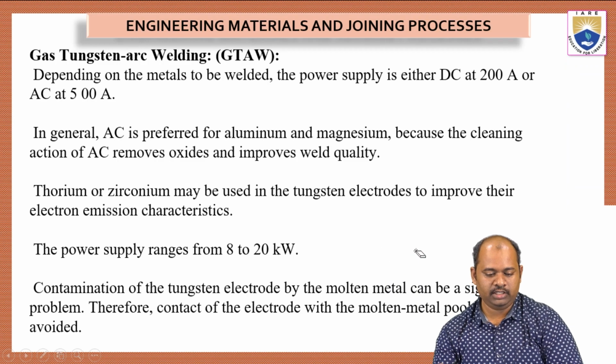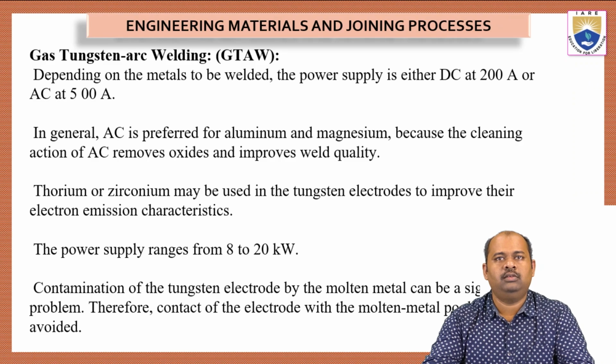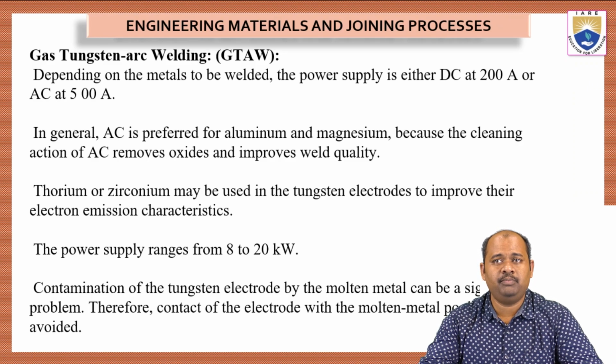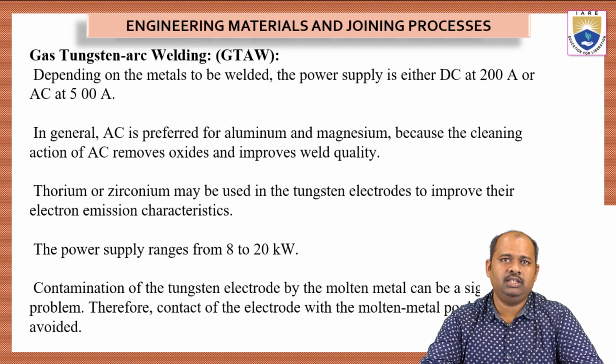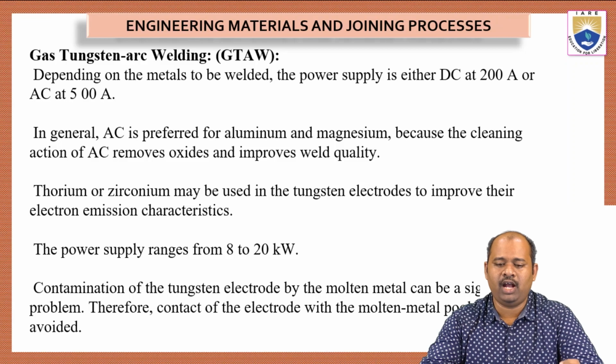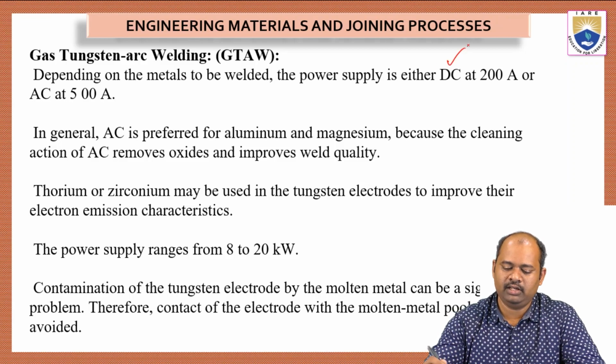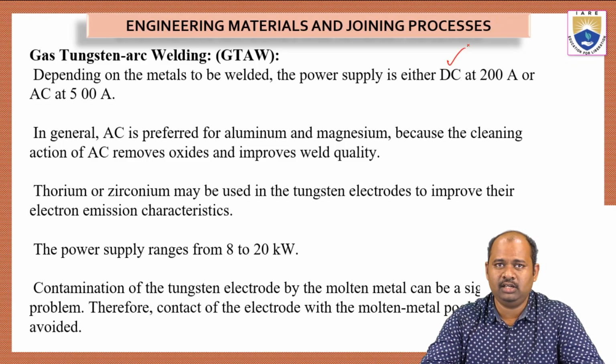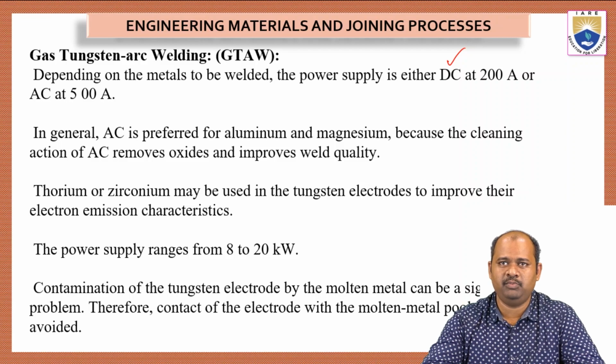Now, depending on the metals to be welded, the power supply is either DC at 200 amperes, or AC at 500 amperes. So depending on the type of weld we have to form, we have to choose DC current or AC current. In general, AC is preferred for aluminum and magnesium.